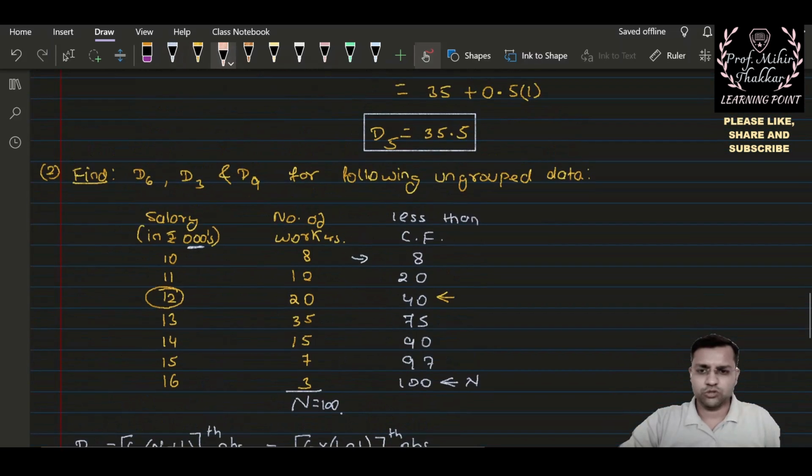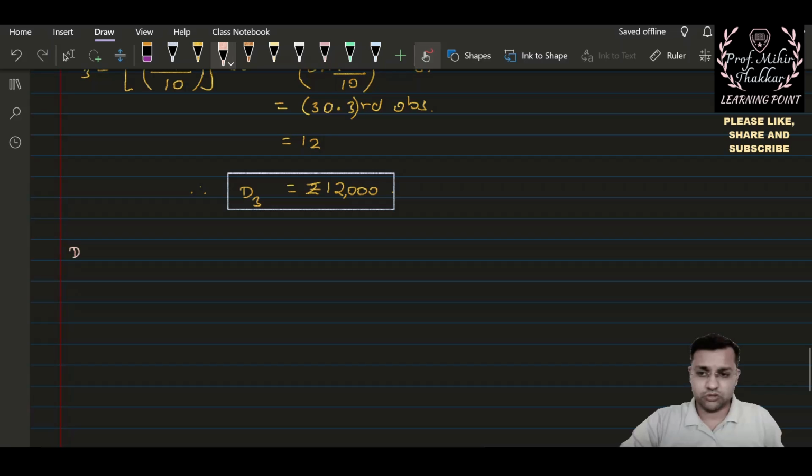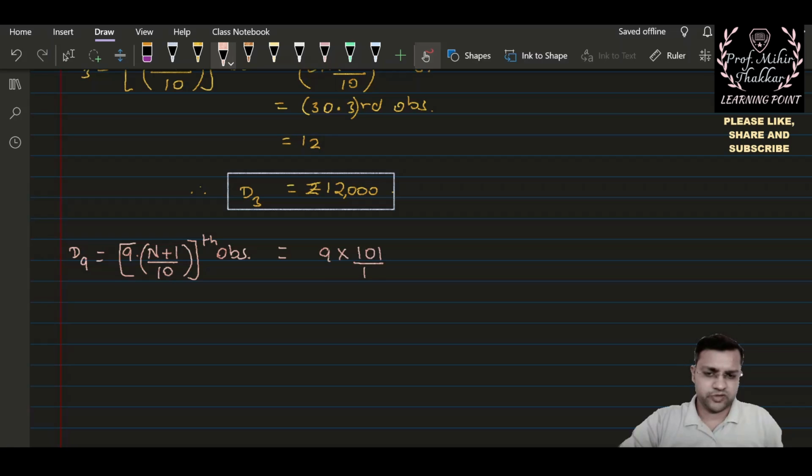Next, it also wants us to calculate the value of D9. So let us work out the value for D9. Obviously, 9 into (n plus 1) divided by the 10th observation, which is 9 into (100 plus 1), 101, upon the 10th observation, which is 909 divided by 10, the 90.9th observation.